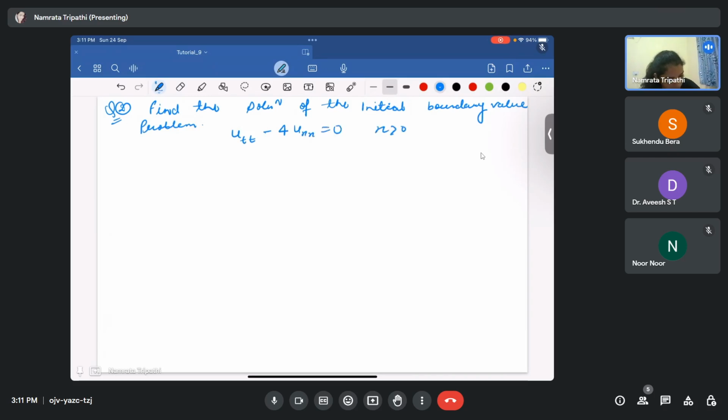This is also a wave equation where x is greater than 0 and t is greater than 0, with given initial conditions u(x,0) is sin squared x and u_t(x,0) is 0. This is the initial condition including the boundary condition.